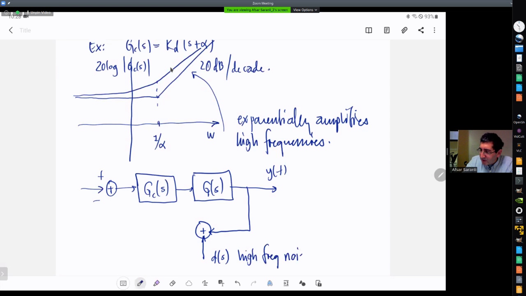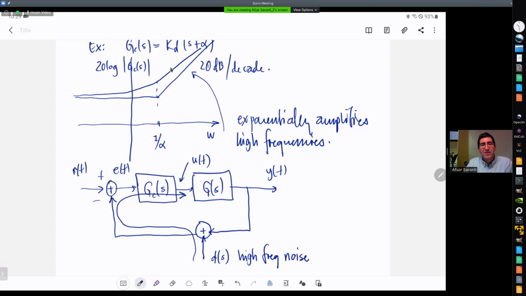In fact, the noise does not need to be at high frequencies, it can be anywhere. It is enough that it has some components at the high frequency. Okay, so this goes in over here, R of t, E of t. So you see that this noise actually goes through GC of S, and therefore it just seeps as an amplified noise at the actuator.